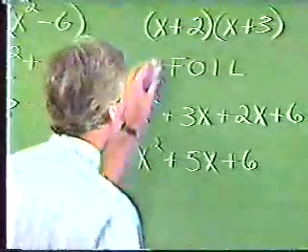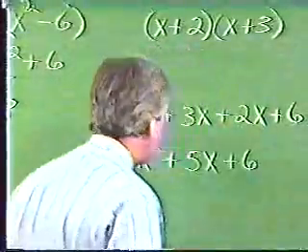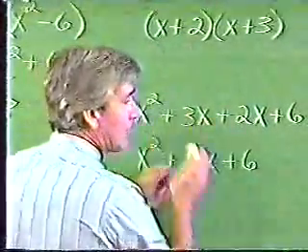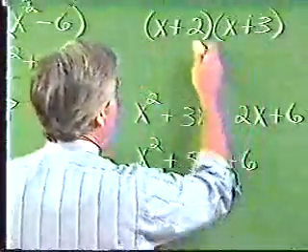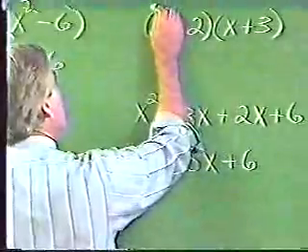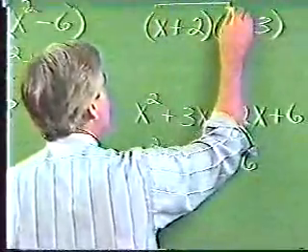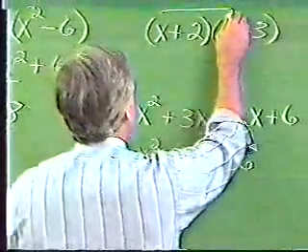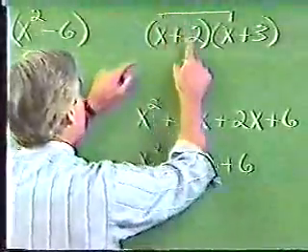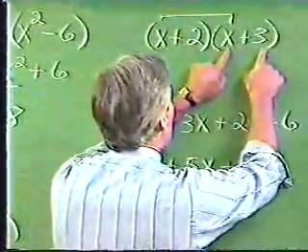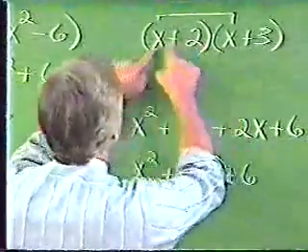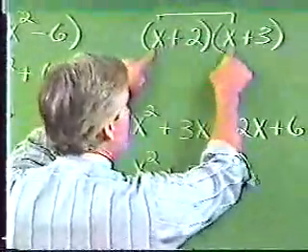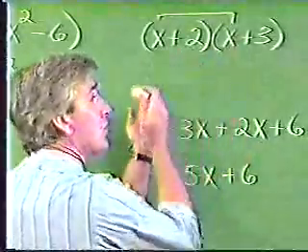Another pattern that works quite well, I ran into this one when I was in high school. It follows the FOIL method, but it's kind of like this. We're anticipating a trinomial result for our answer. And we understand that if these two binomials are in standard form, that is, the terms of highest degree appear first, then x times x, this term times this term, will give the term of highest degree in the answer.